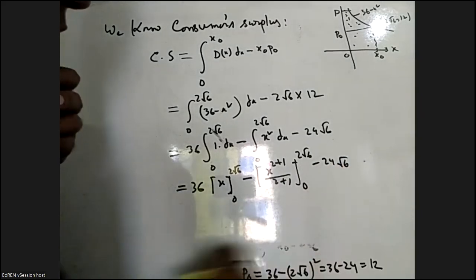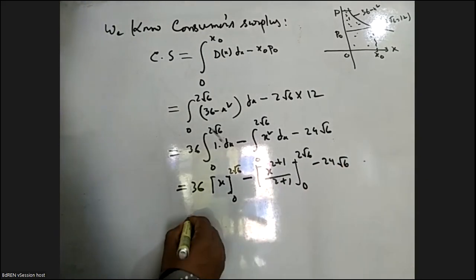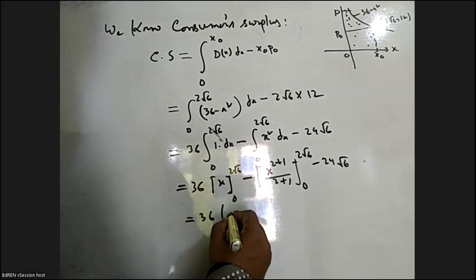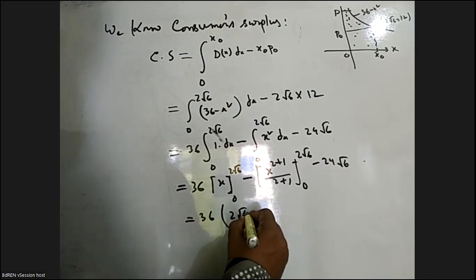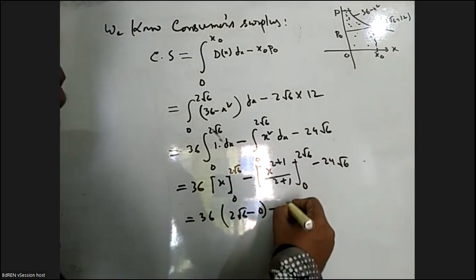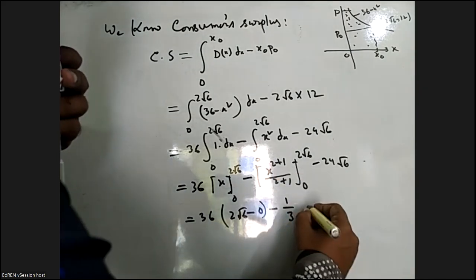Okay, just simplifying, putting the upper limit in place of x, 2 root 6, minus the lower limit, x equals to 0. This is 1 by 3 x cube.